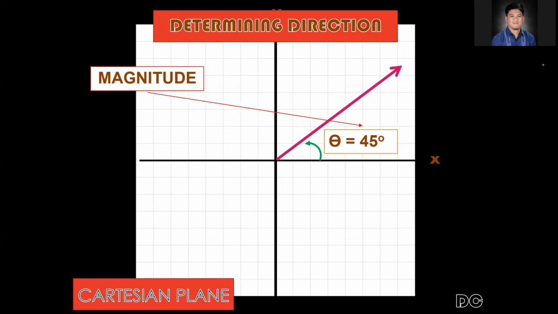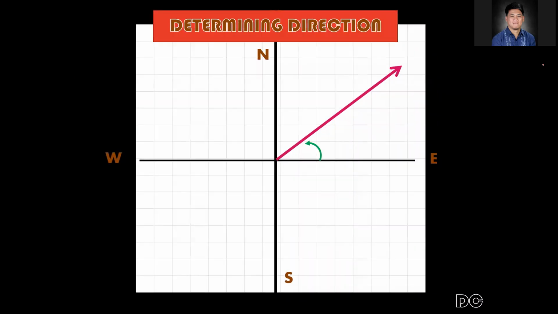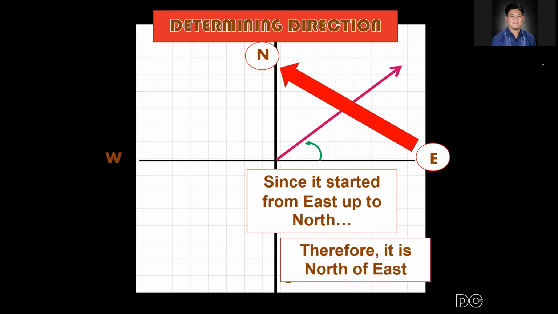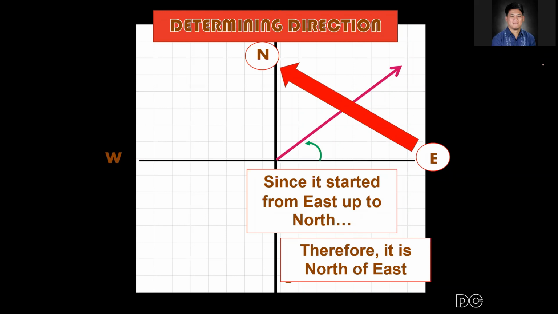Since this given angle of your vector started from the east and then it moves upward to the north, therefore, the direction of your angle is now north of east.